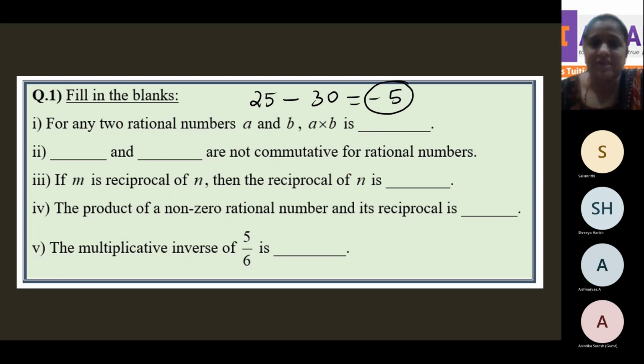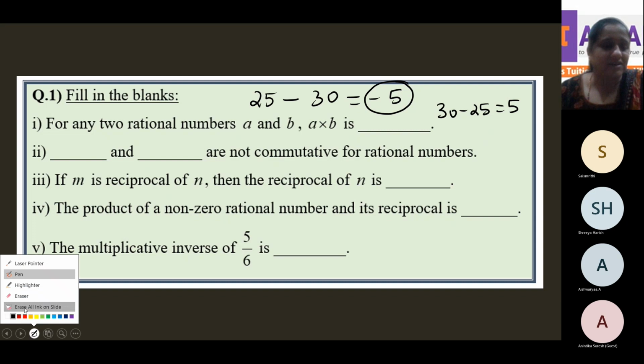So whole numbers are not closed under subtraction, meaning the difference of two whole numbers need not always be a whole number. It may be a whole number, or it may be an integer. The other way around, 30 minus 25 is 5, which is a whole number. That's why we say whole numbers are not closed under subtraction. Here in this case, it's an integer.